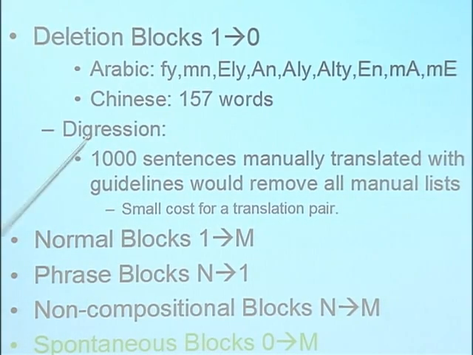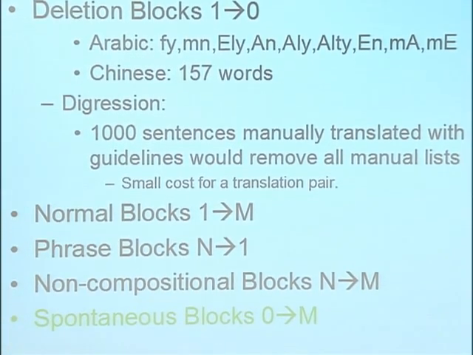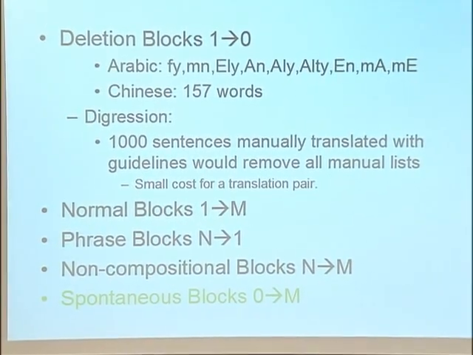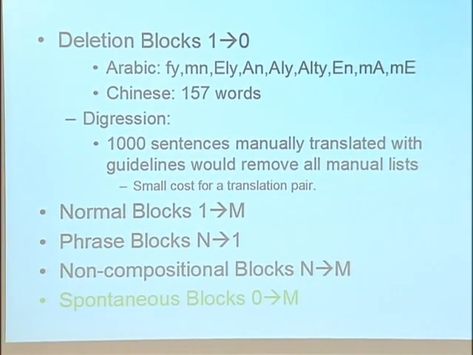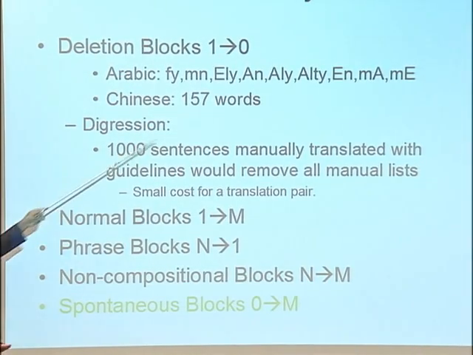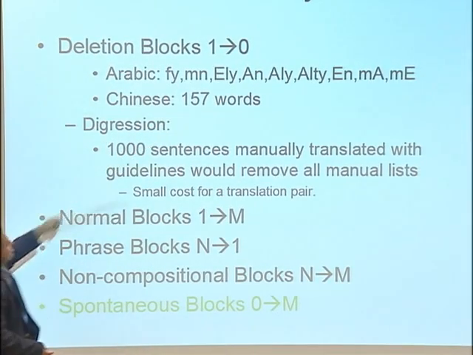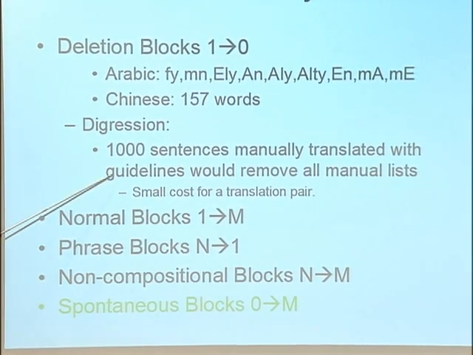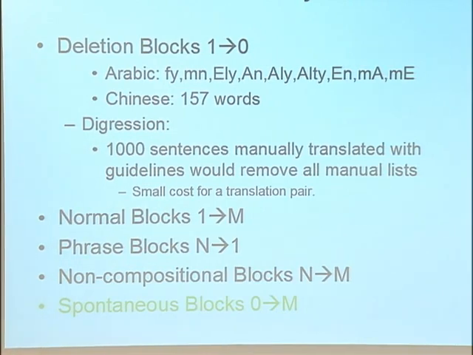For Chinese, it seems to be a lot more things that can produce nothing. Chinese has measure words and a few other connectives that don't have a correspondence in English, right? So there seems to be quite a bit more of those, but in Arabic, far fewer. A small digression: I really believe a small amount of training data would allow us to get this list exactly without having to create it on the fly or have human knowledge.